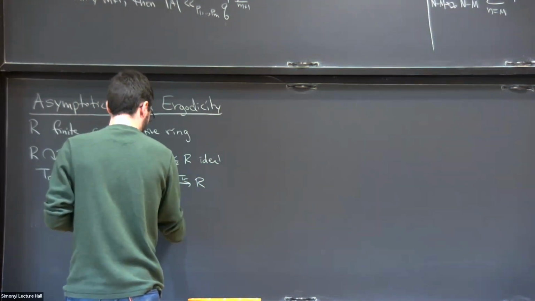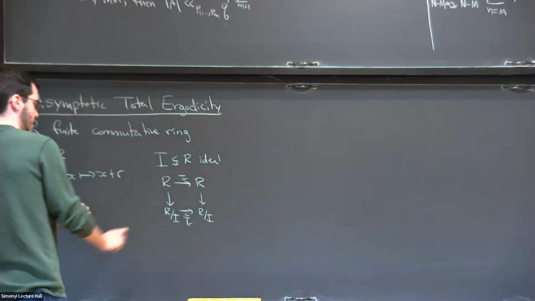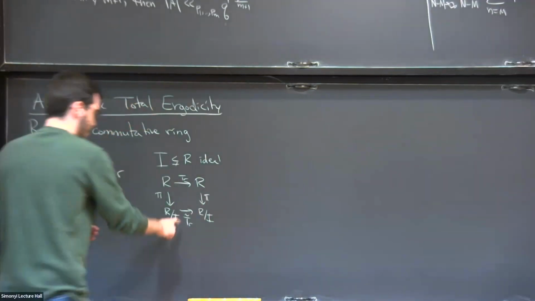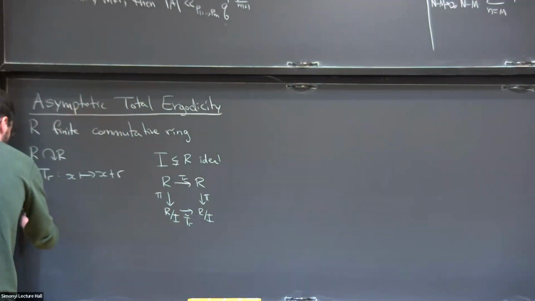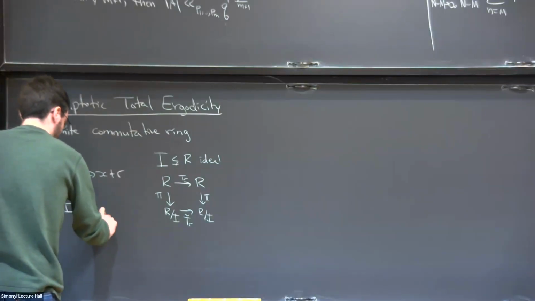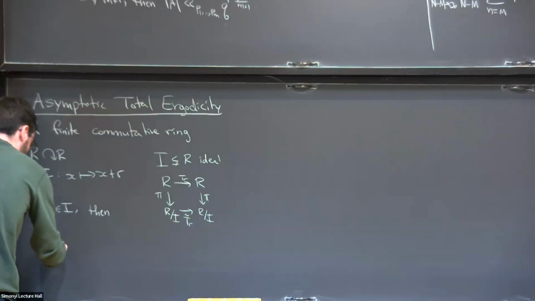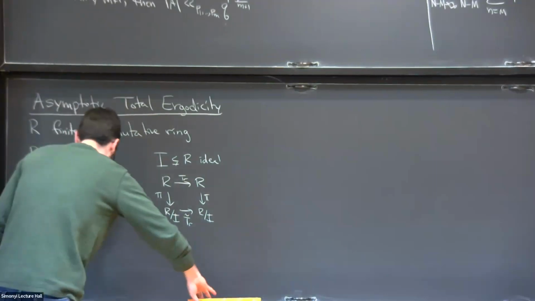I have the natural projection map to this quotient ring. And let me call the action downstairs T tilde. If I take any element sitting in this ideal, then in this factor here, T tilde along multiples is going to act trivially. So maybe I want to write this instead.